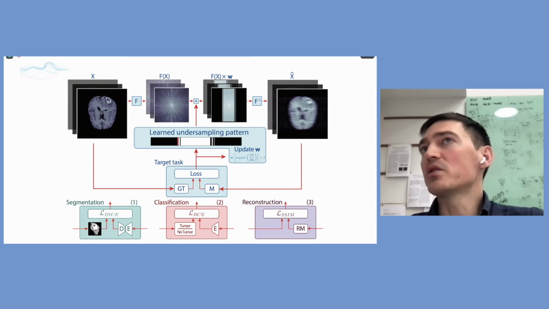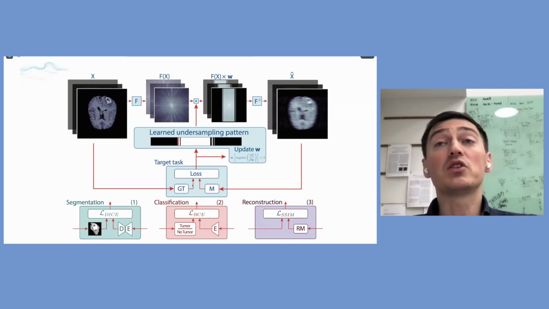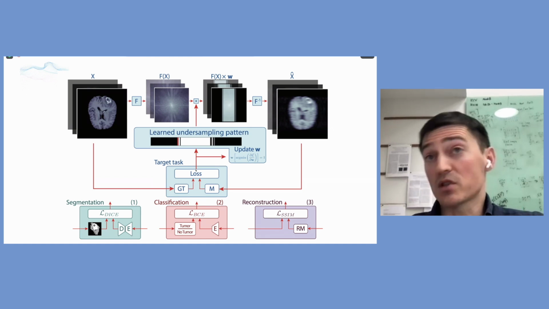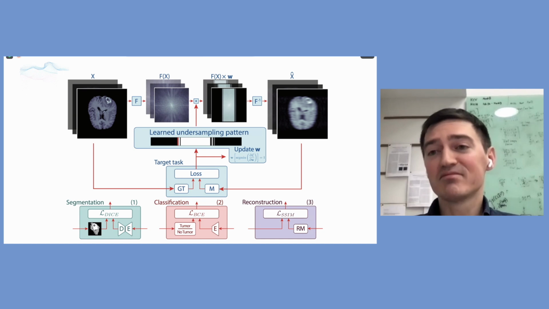Like, for example, we learned this mask for segmentation, right? We want to segment well, but you want to resolve something. So you're welcome to insert the metric of interest. So this is essentially a new paradigm for doing what you want in K-space.